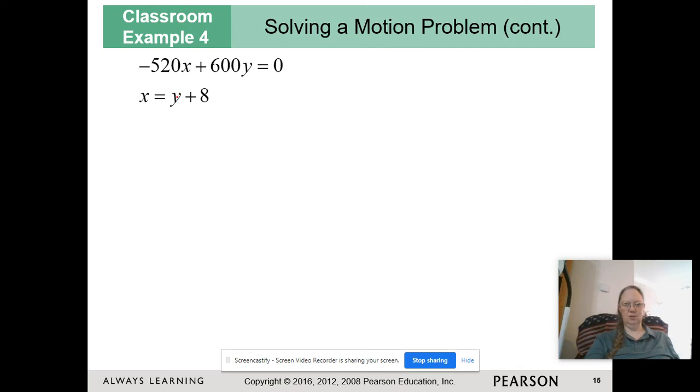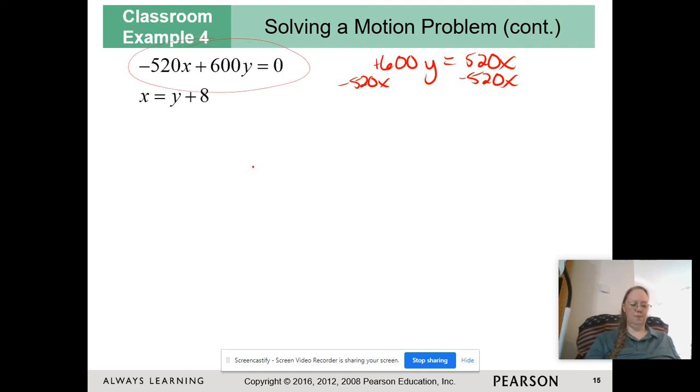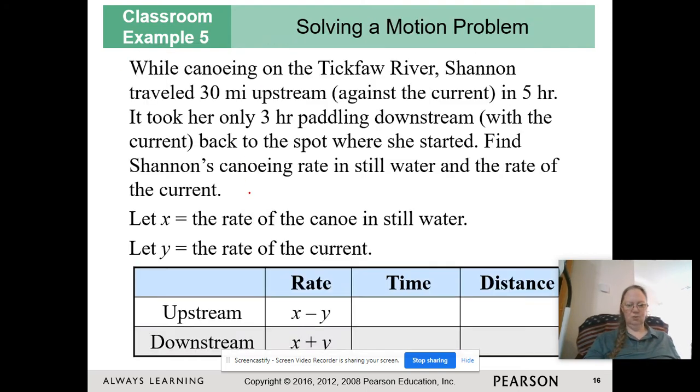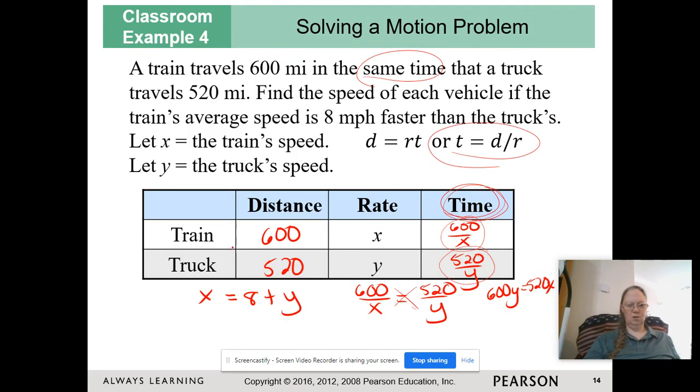Do I have it similar to this? Okay. I had 600y is equal to 520x. And so what I did was I subtracted 520 from both sides. 20x. And so that's this right here. And then did I have the x is equal to y? Oops, wrong way. X is equal to y plus 8.